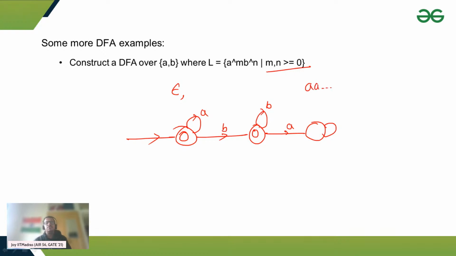All the A's should come first, then all the B's should come, and that's it. After that, if you are getting any other A, that's not acceptable. That is the dead state. Fine. So this is our overall DFA structure.